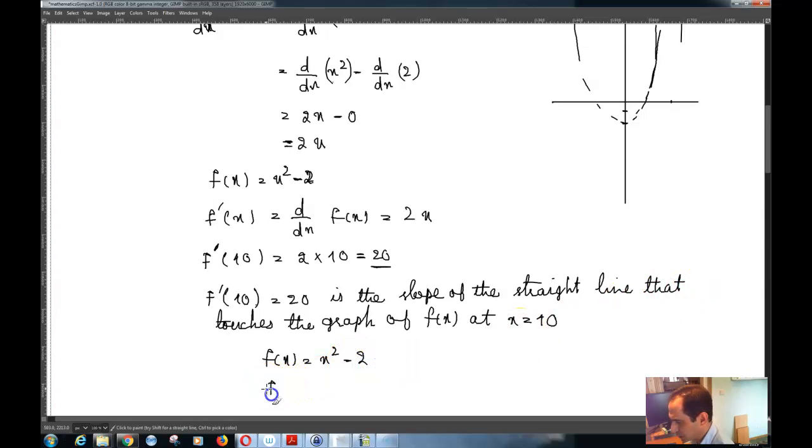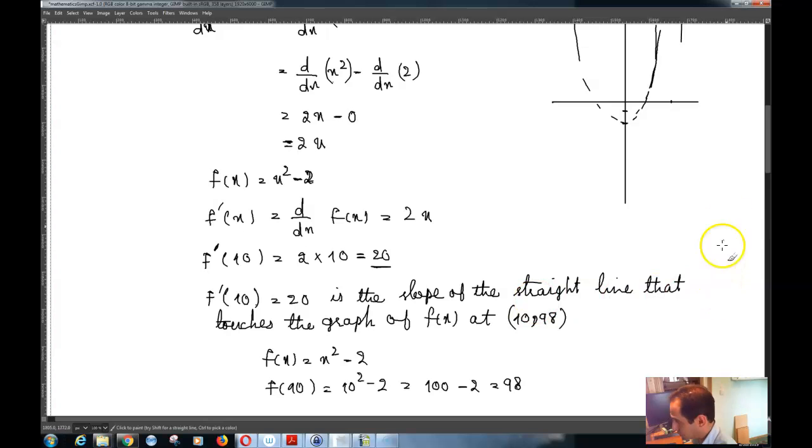So f of 10 is equal to 10 squared minus 2, which is equal to 100 minus 2, which is equal to 98. So that point is 10 comma 98.